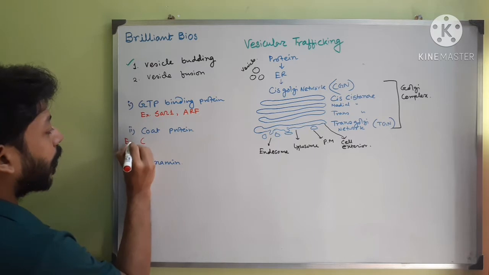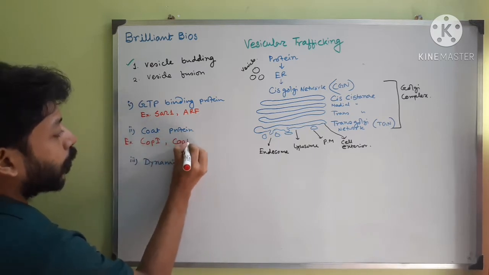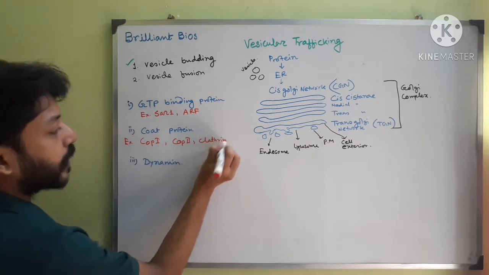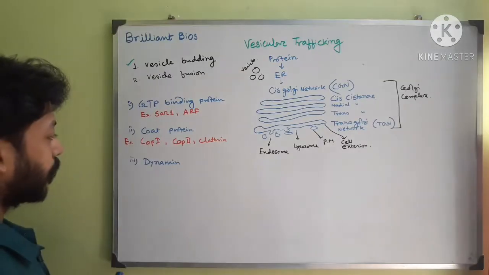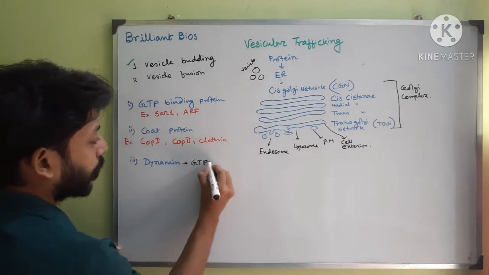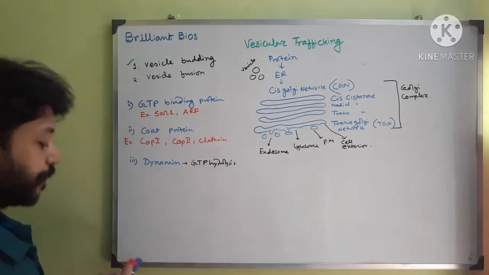Examples are COP1, COP2 and clathrin. There are three examples of coat protein, and dynamin is a protein that actually performs GTP hydrolysis. So I will talk about this later.